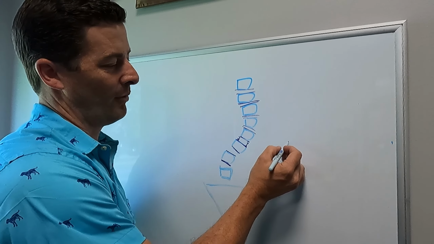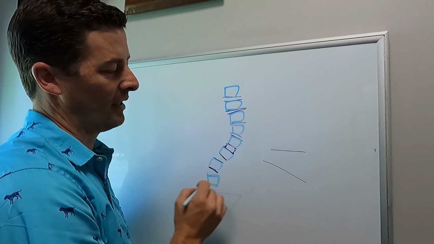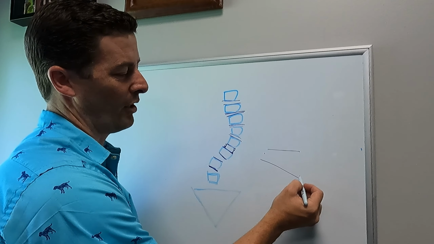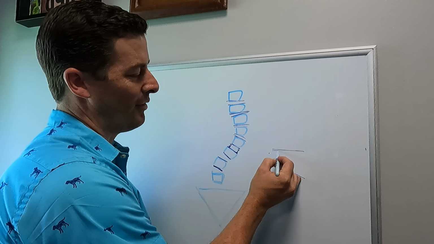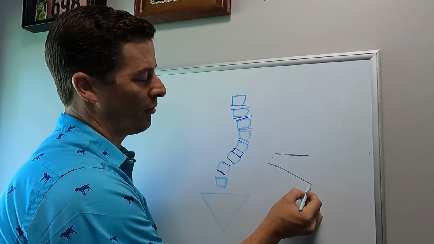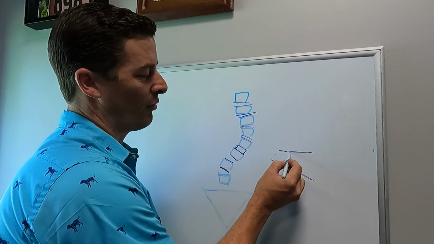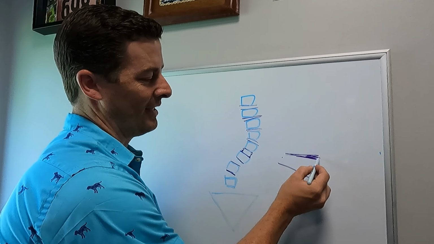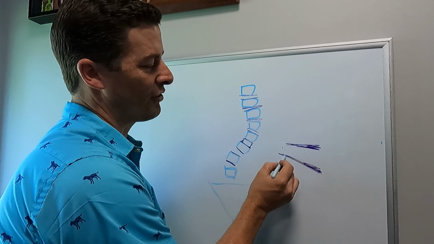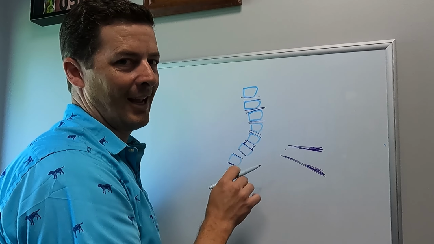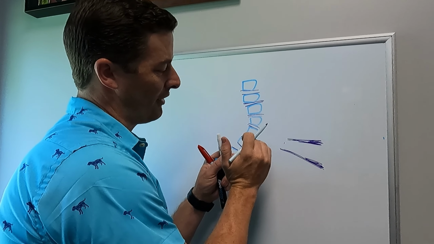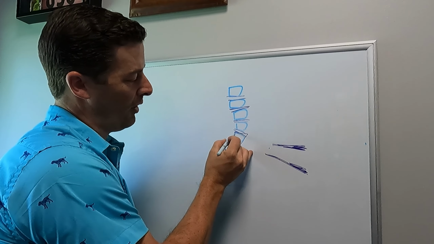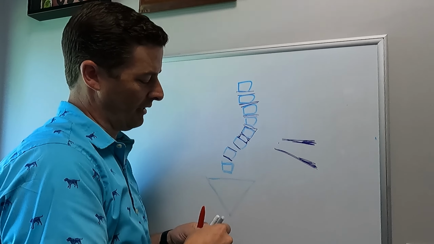So what that means is, we have a kind of a wedge like this. So there's more pressure here, less pressure out here. So when this end plate grows, it's not going to grow uniformly. It's going to grow with more growth on the outside, this side, because there's not as much pressure there. And that causes the curve to get bigger, because these vertebrae start to be wedge-shaped as they grow like that.